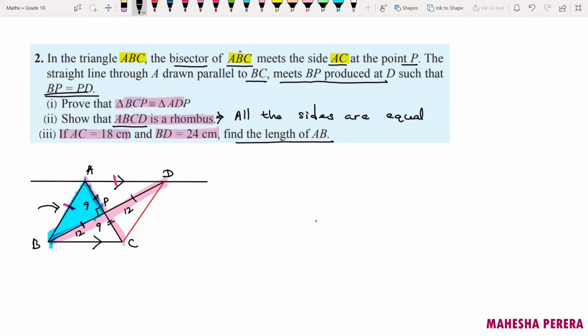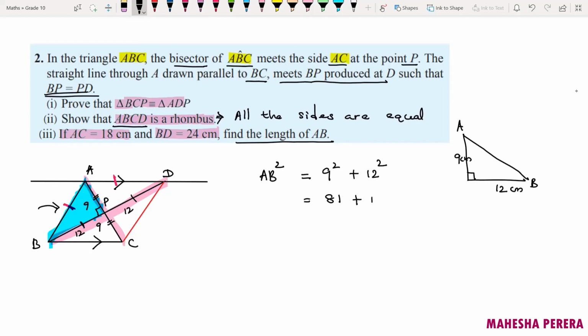So what's the Pythagoras theorem? AB squared equals 9 squared plus 12 squared. What's 9 squared? 9 times 9, 81. 12 squared, 144. So when you add them, 225. AB squared equals 225.